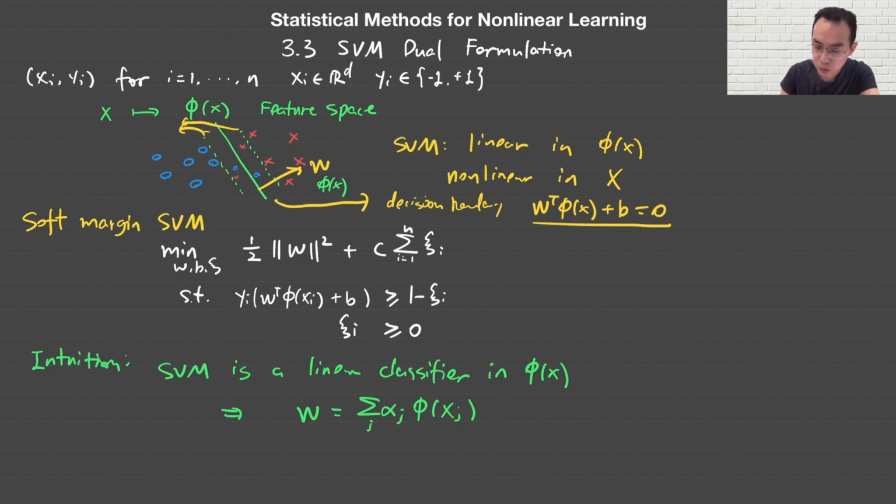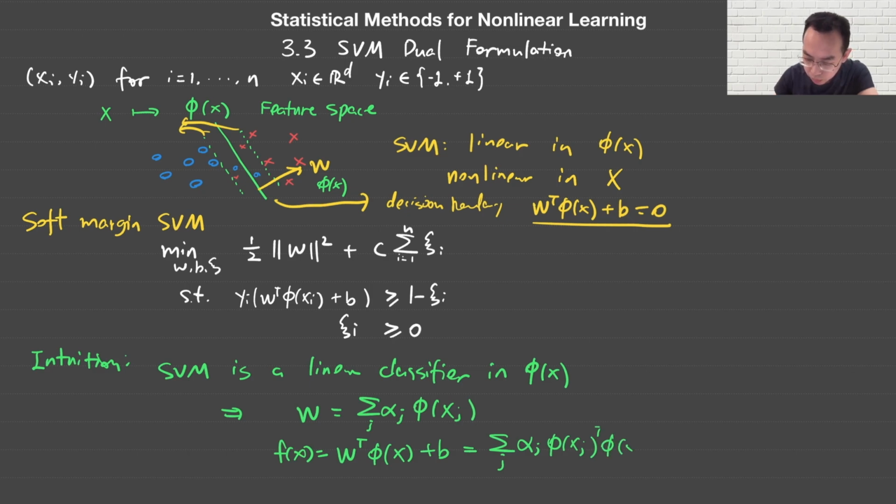And then when we plug this expression into the decision function f of x, f of x equals W transpose phi of x plus b, and that equals the summation over j of phi of xj transpose phi of x, plus b.